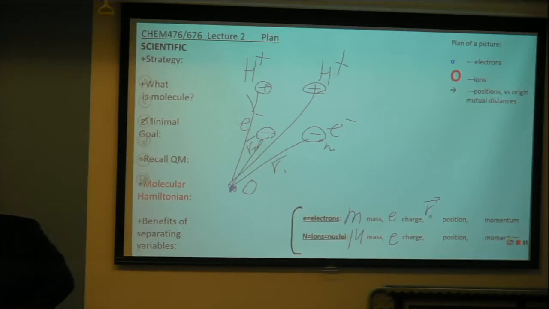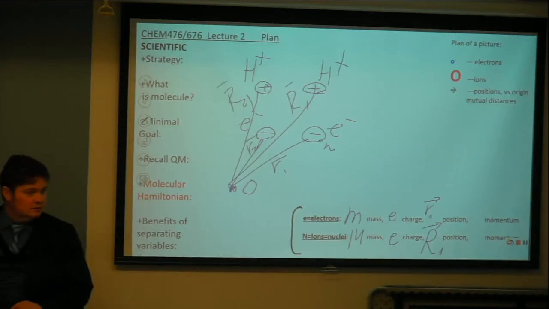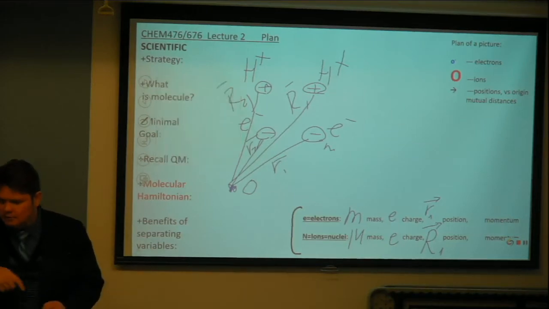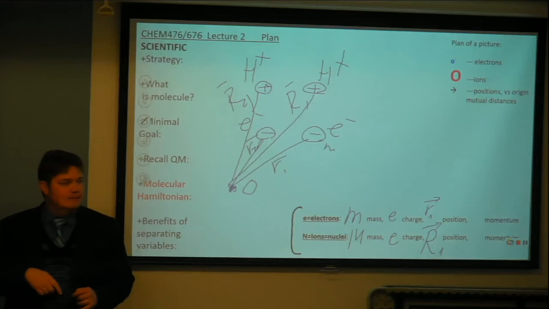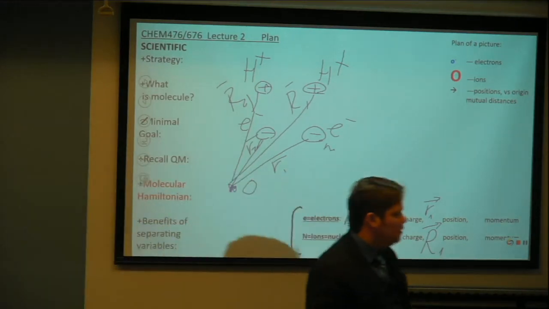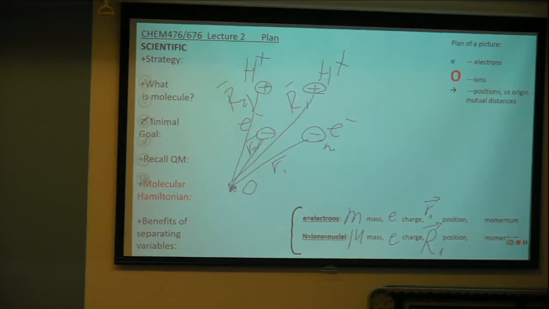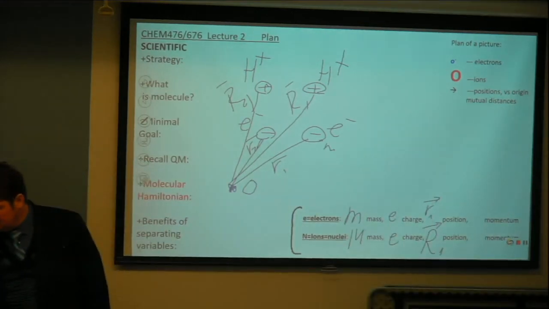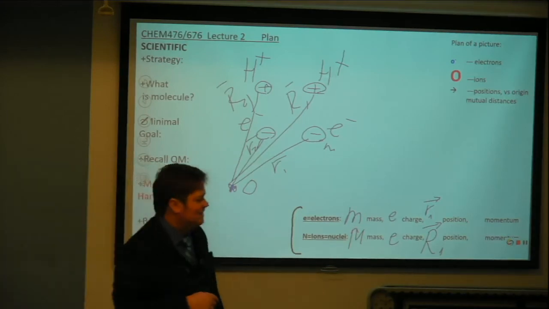For nuclei, we may use uppercase, R1 and R2. Right? I'm going to change the color to red. Mass, and it is my poor calligraphy, it's the letter M for the word mass. Good?